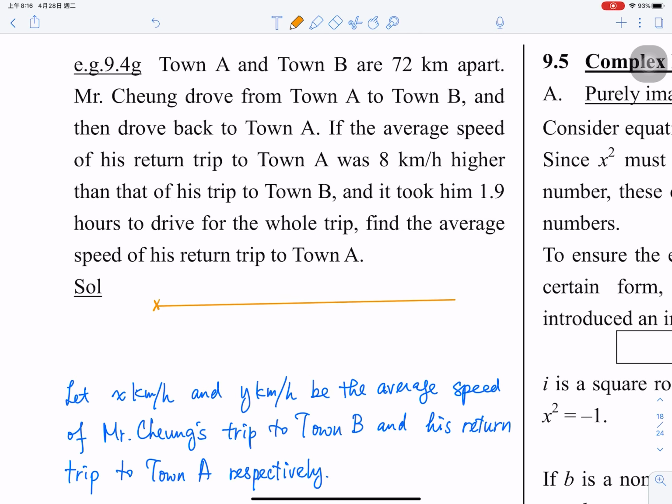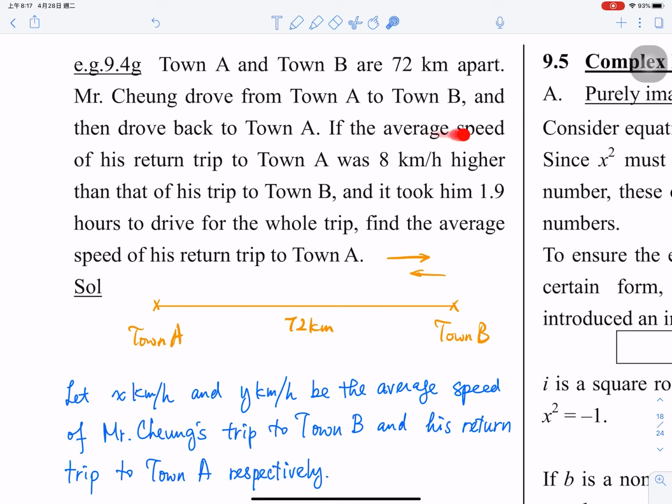Here, town A to town B, 72 kilometers apart. Now draw from town A to town B, and then he drove back to town A. That means first is this one, and later go back.